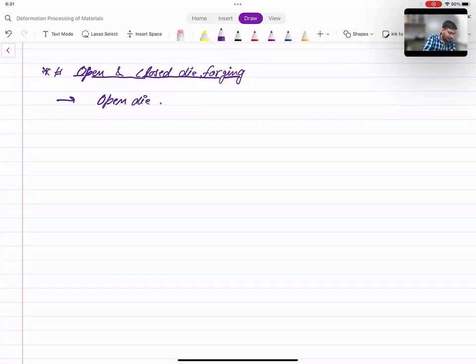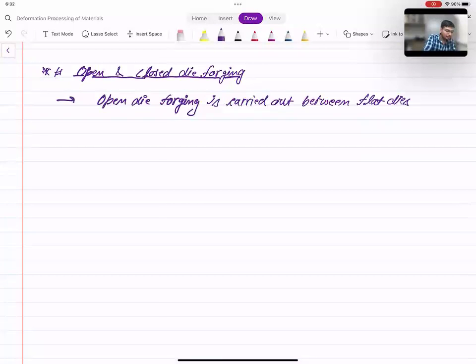Open die forging is carried out between flat dies or dies of simple shape.